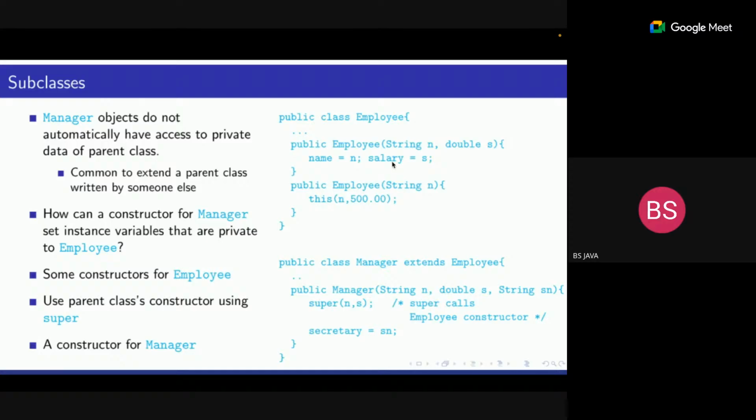So we want to set the value for name and salary, but we can't do it directly. Instead, we call the constructor of the employee class from the subclass manager. For that, we have this super method. Using super, we pass the values for name and salary, this n and s, and this will invoke the constructor of employee and set the values for name and salary here. Getting it? Yes, ma'am. Yes.